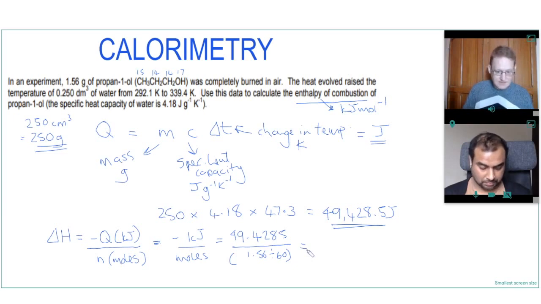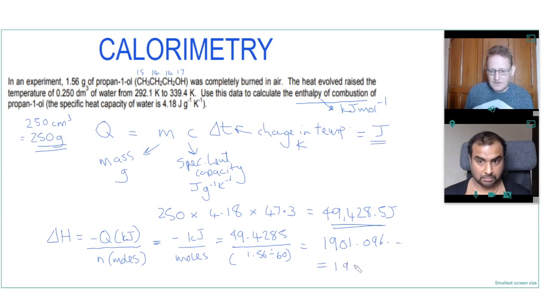And then if we put that in our calculator, 49.4285 divided by 1.56 divided by 60 is 1901.096, which to three significant figures, 1,900 kilojoules per mole.